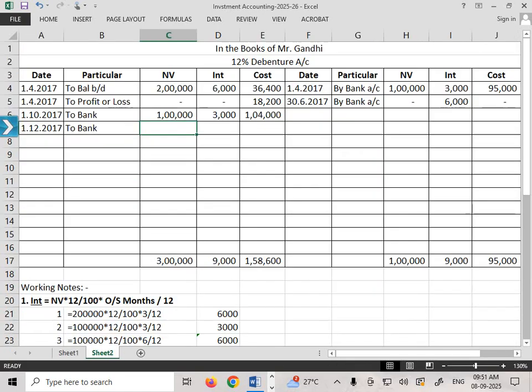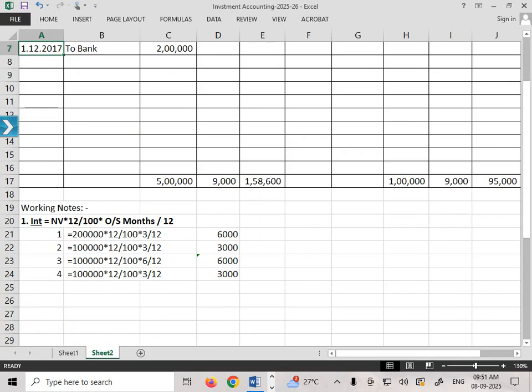So your nominal value is what? 2000 multiplied by 100. Now we have to calculate interest. The transaction on 1st December. So 5th, same formula. Nominal value is how much? 2 lakh.